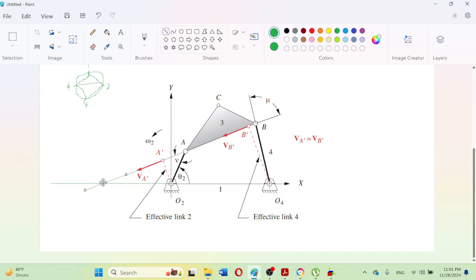So here will be the intersection, and this is the instant center 2,4.